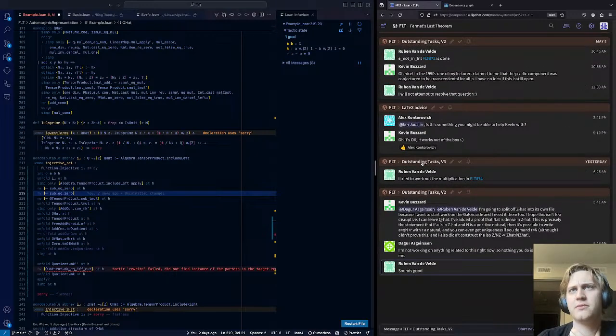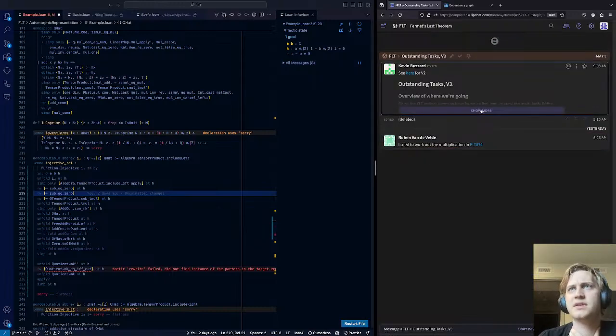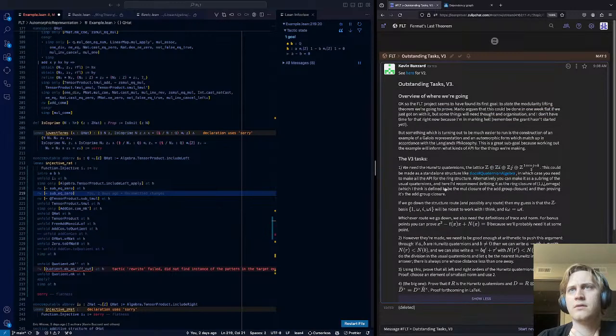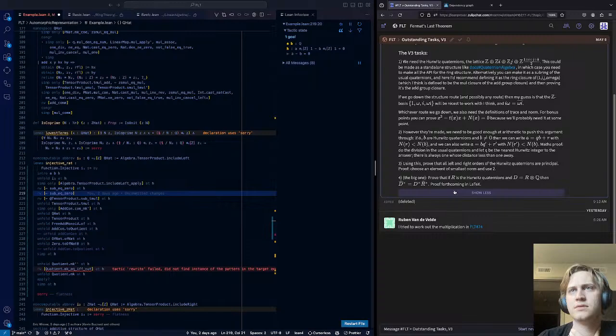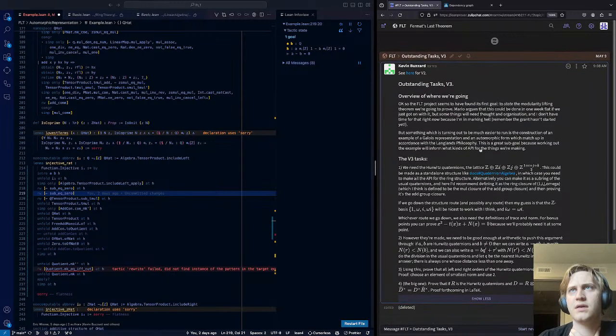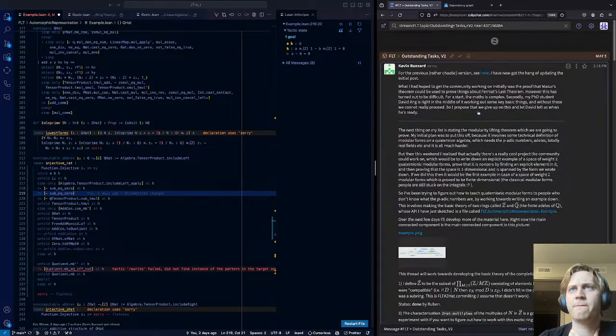Just before I do that, I want to make sure that I'm not going to do something that someone else has been working on. Outstanding tasks v3. Hurwitz quaternions. Yes, okay. Here for v2. I mean, is this done?